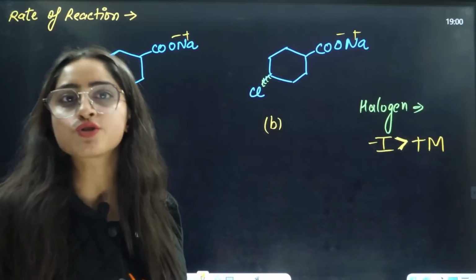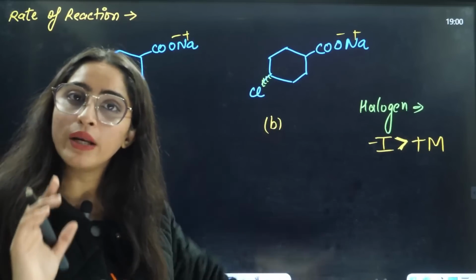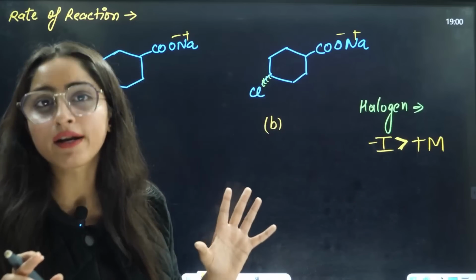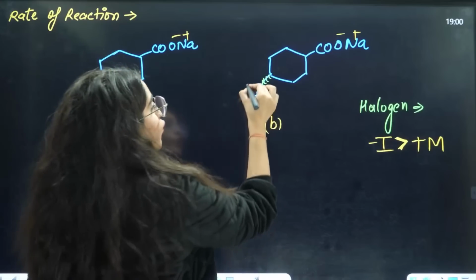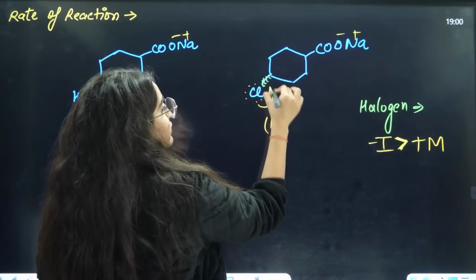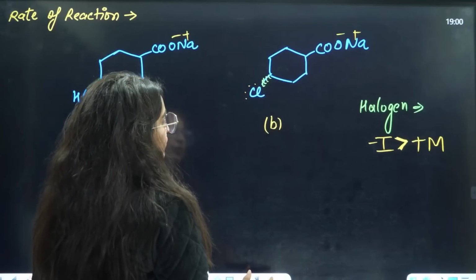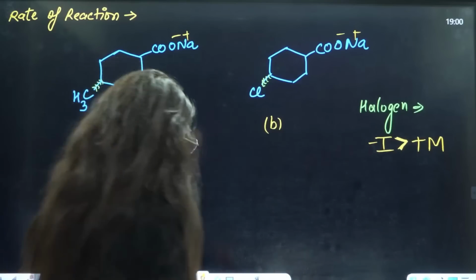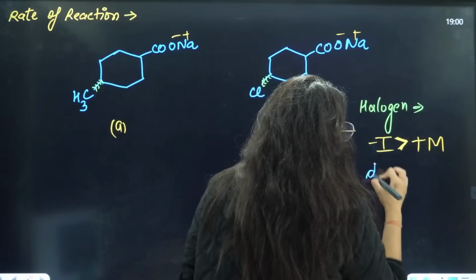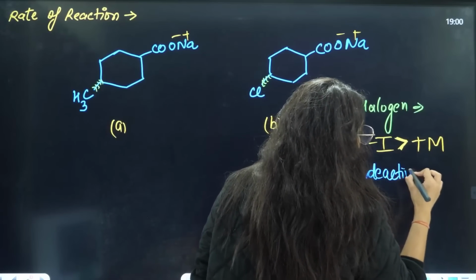Usually the mesomeric effect is dominating everywhere, but this is the only exception where the inductive effect is dominating. That is why students usually get confused, thinking ma'am, it has a lone pair, it will donate the electron. Oh, no. In this case, the inductive effect is more dominating. So it is a deactivating group.